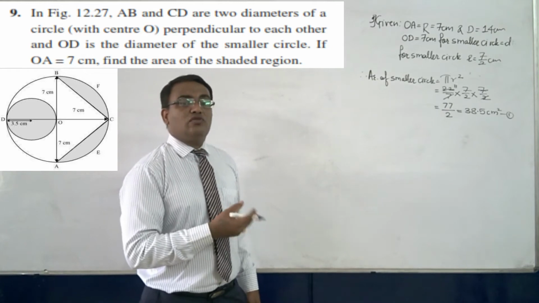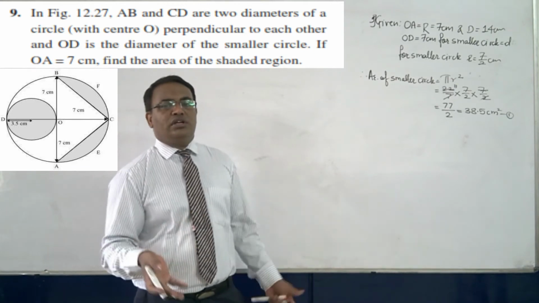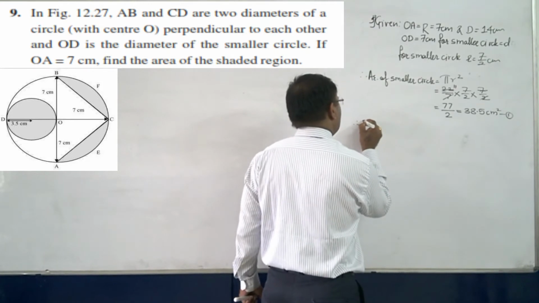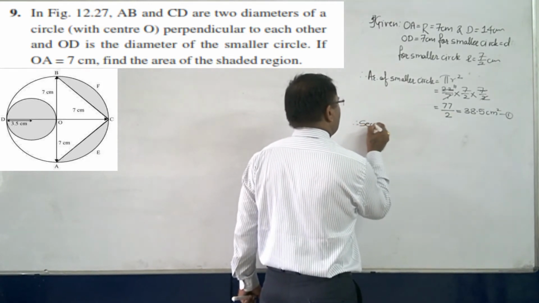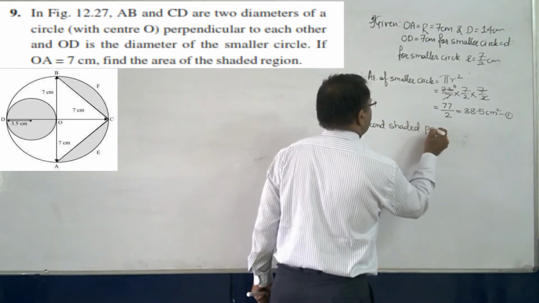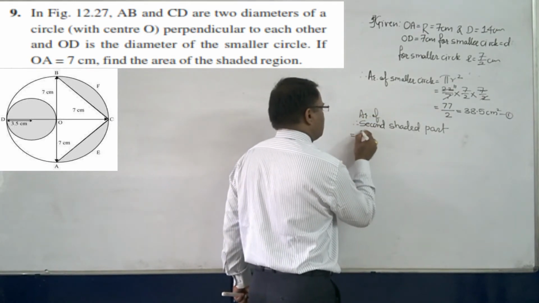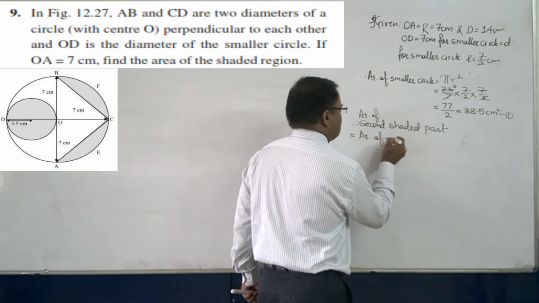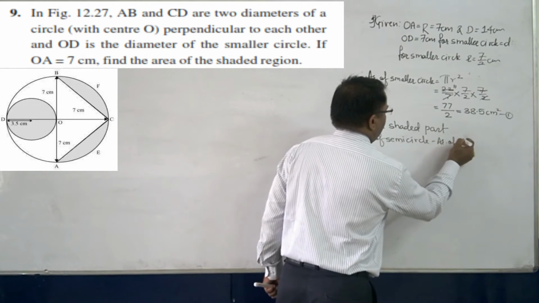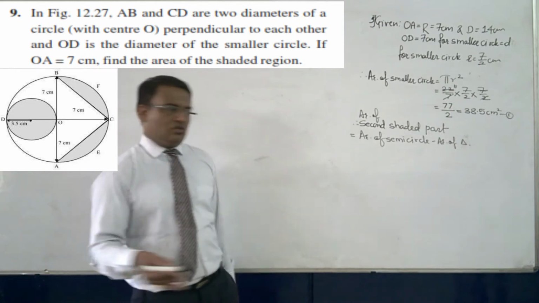So if you want to find out the area of the shaded part, from the semicircle's area you have to remove the area of the triangle. Therefore, the area of the second shaded part is nothing but area of semicircle minus area of triangle. Now here you can use 1 by 2 into base into height.